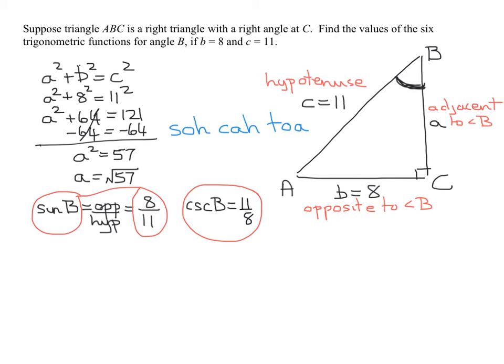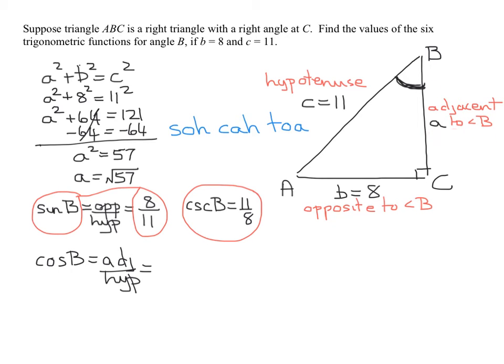So now I can go on and find the cosine of angle B. Using the mnemonic, it's adjacent over hypotenuse. And who's the side that's adjacent to angle B?